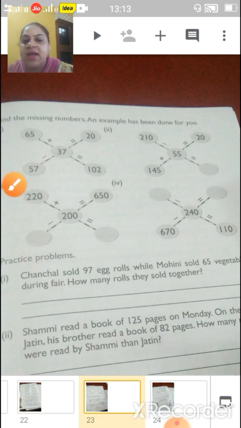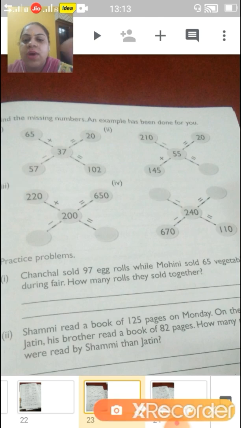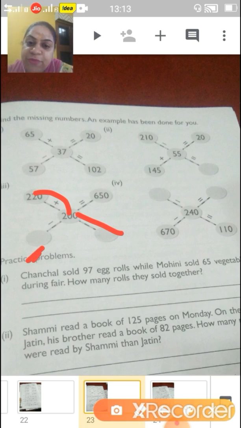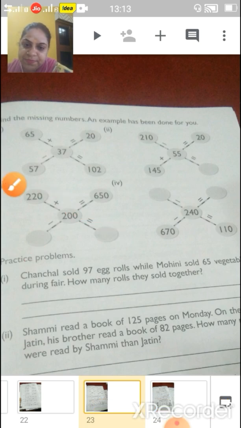In the same way rest we will do, like 220 into 200 we have to do here, and what will come here, that will come 650. Okay children, what we can minus from that will come 650. I will send you in photo, you will check your answers and you will do in your book only.